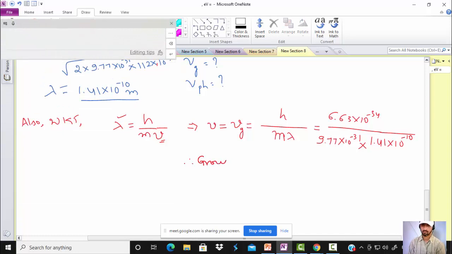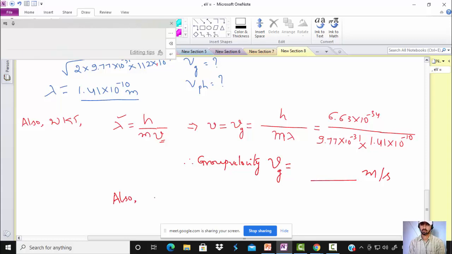Therefore, group velocity Vg is equal to, tell me, in meter per second. Also you can go for calculating the phase velocity.